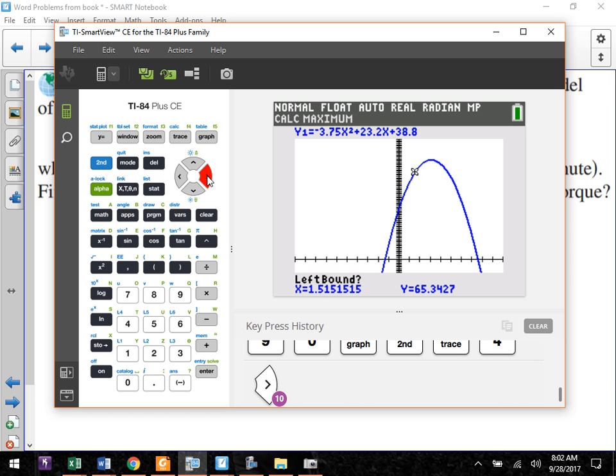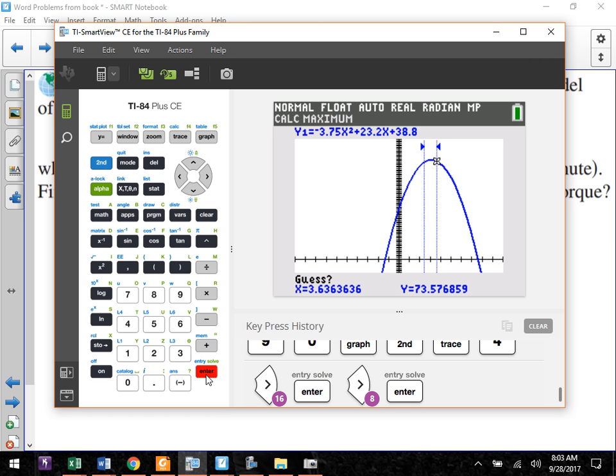Everybody see that right here? It's asking where you want to place your cursor for it to be a left boundary. You place your left boundary here, hit enter, and then it's going to ask you your right boundary. So you move to the right of where the maximum occurs just by scrolling over it.